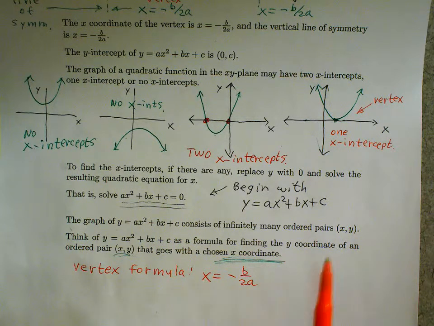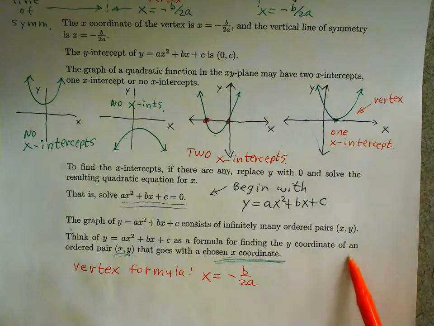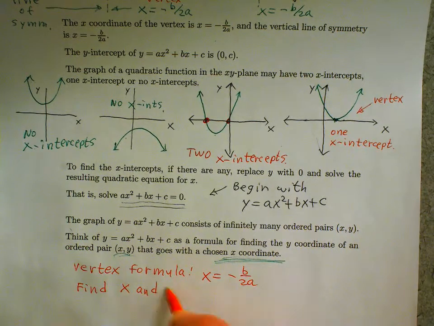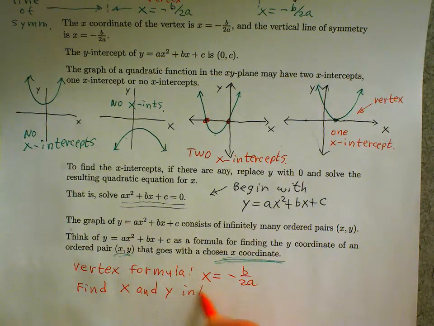And also find the y-intercept when x is 0. The y-coordinate will be equal to c. So use the vertex formula, find the x and y intercepts. And then you can sketch a graph of the parabola after that.